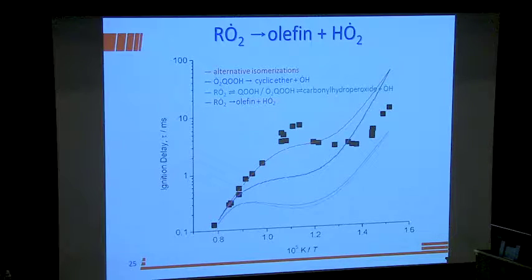But as I said, it didn't have a huge effect because the net effect on our mechanism was very little. We had 5-membered rings giving us hydroperoxy alkyl radicals, and then those hydroperoxy alkyl radicals gave us olefin plus HO2 anyway. All it did was cut out the middleman, the hydroperoxy alkyl radical, and RO2 giving us olefin plus HO2 directly for the 5-membered rings. Okay? And there wasn't much change in our mechanism prediction.